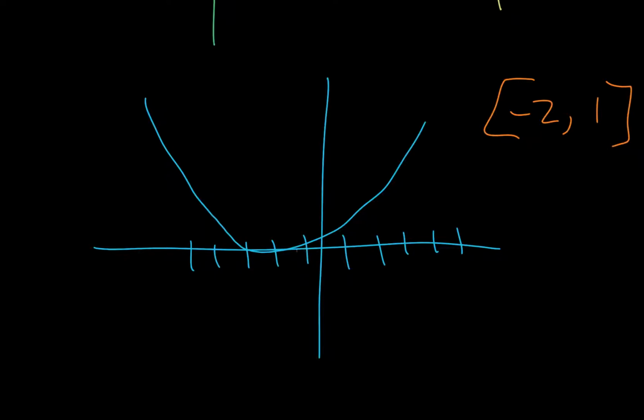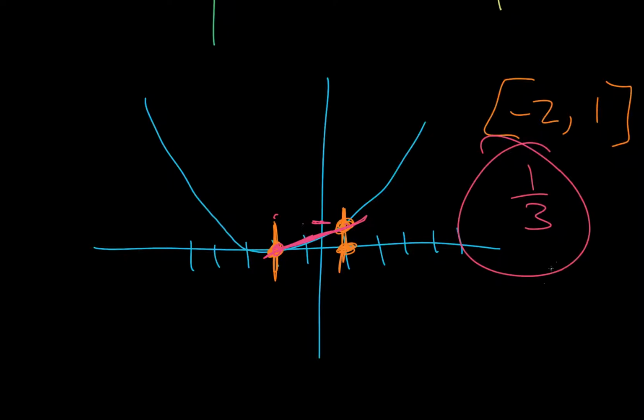What we're going to do is go on the x-axis, mark -2, mark +1, and we're only going to look at those 2 points. So we could find the slope between those 2 points, and I'm going to give us that value. So our rise is 1, and our run is 1, 2, 3. And so the average rate of change on that interval is 1 over 3. Rise 1, run 3, and that's all it's asking us right there.